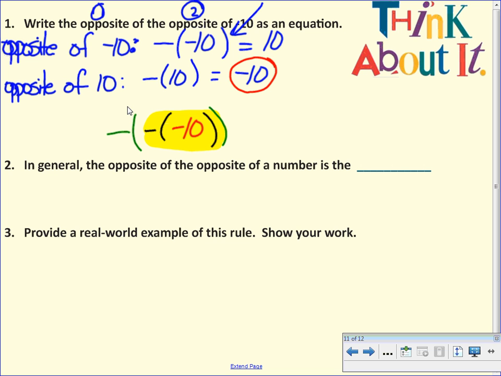And now I'm just going to put another set of parentheses around it to close it all up. So the opposite, ready, follow along, the opposite of negative 10 equals negative 10.